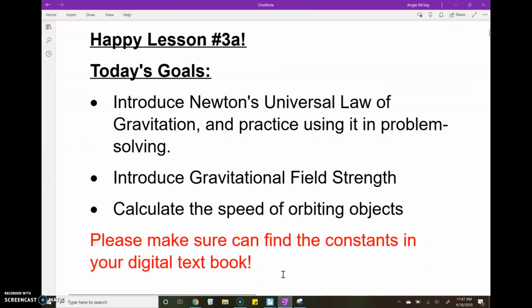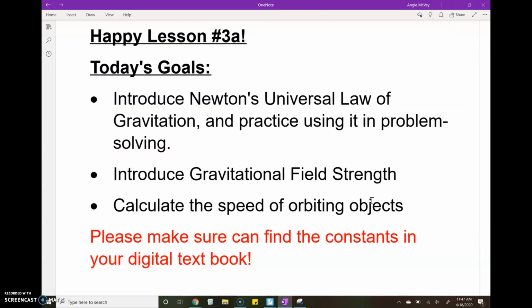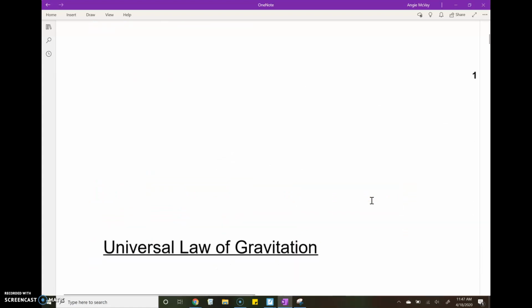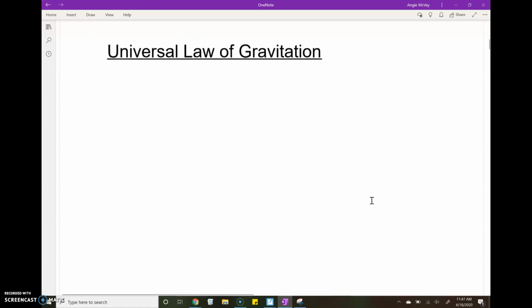So if you have not yet done so, a good thing to do this week, just to get a little more historical perspective, is to watch that Cosmos that I posted over our spring break. This was one of the things where back before Newton came up with his universal law of gravitation, people didn't really use science as a predictive tool, right?